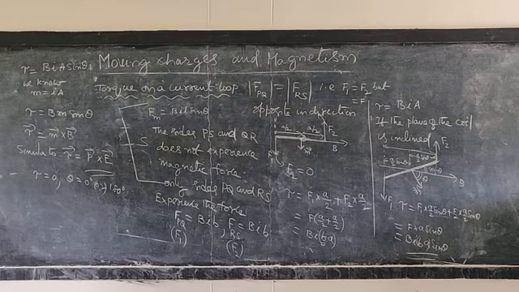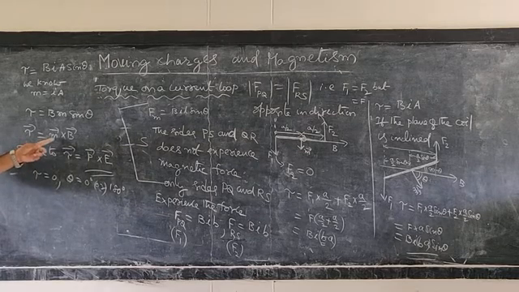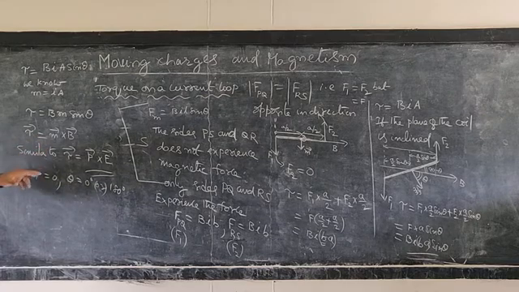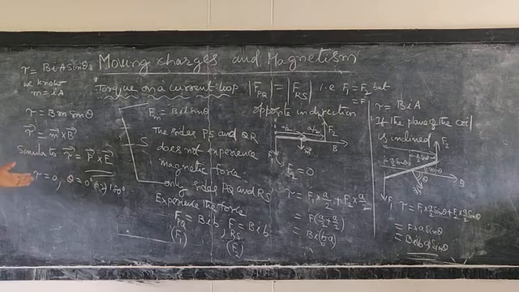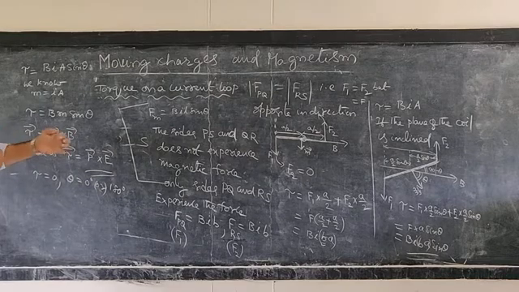So if the magnetic moment is parallel to B or anti-parallel to B, torque will be 0, because the coil can be like this if the magnetic field is like this, or can be like this.